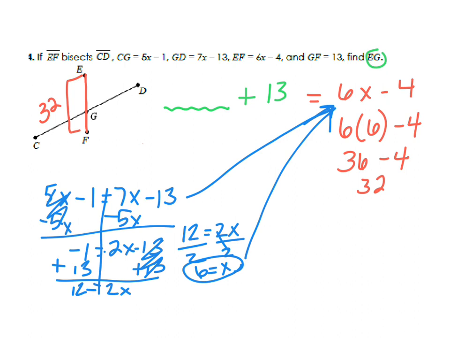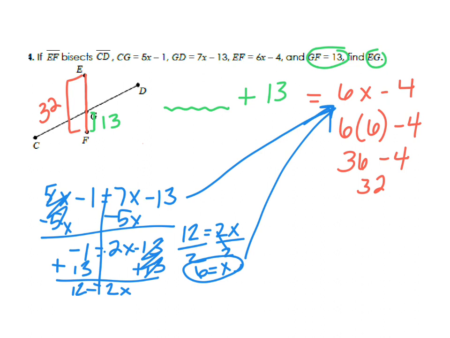I used CD, I used that other segment, set it equal to each other, solved, and I got x. If I plug 6 in, now I have that entire segment is 32. They told me in the directions that GF was 13, so GF is this piece, and that's 13.